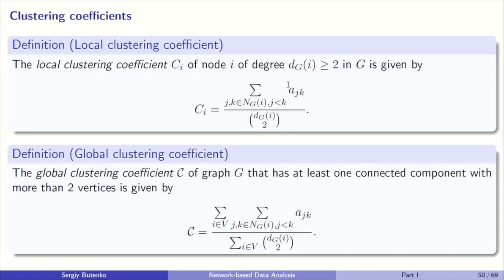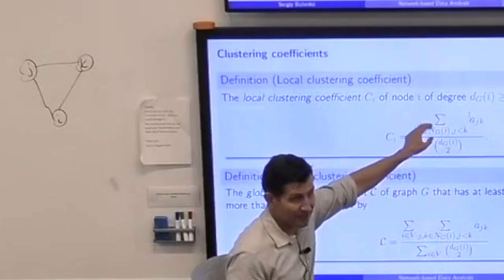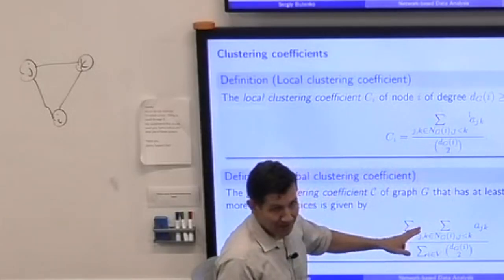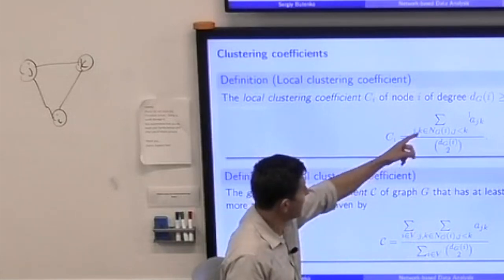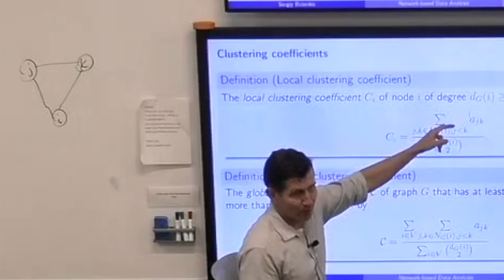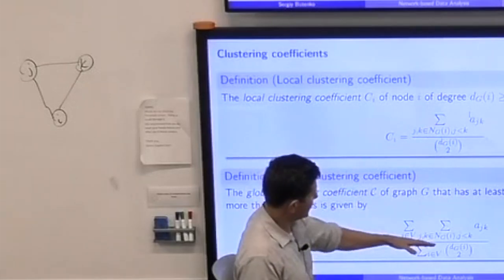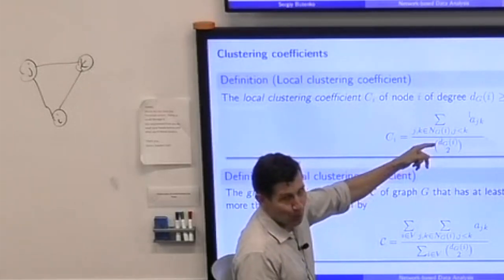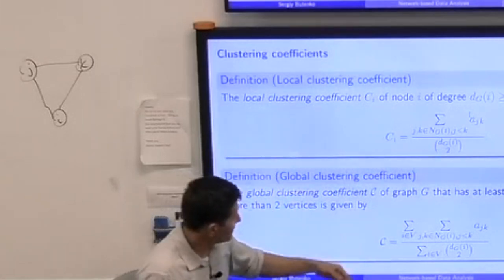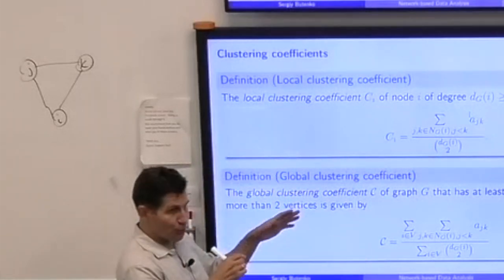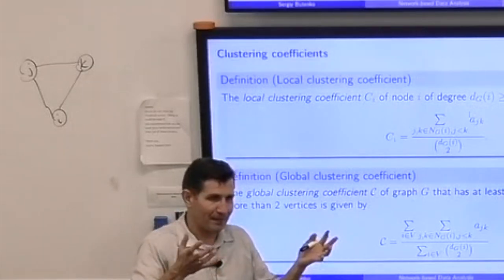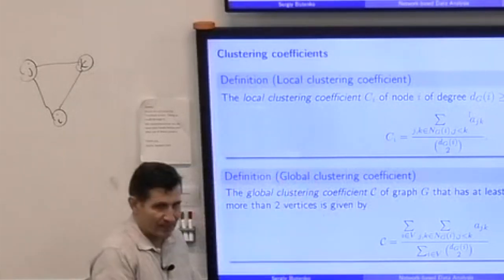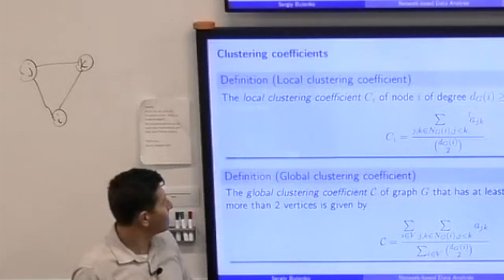So here you just sum up these sums that you have in the numerator for all the nodes in the network, right? So for each I, you sum up these terms from the numerator, and then for the denominator, you just sum up all the di's choose 2, right? So this gives you the average clustering coefficient across the whole network.